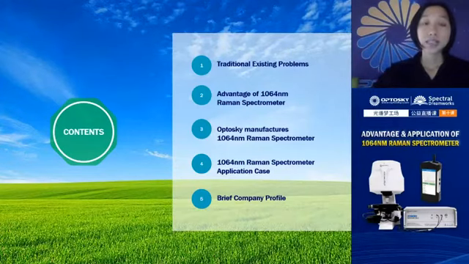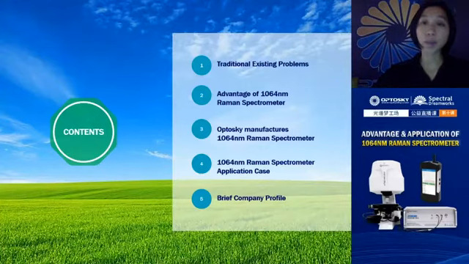This live broadcast series, we are going to explain from the following 5 parts. Part 1 is the traditional existing problems of the 1064 Raman spectrometers.